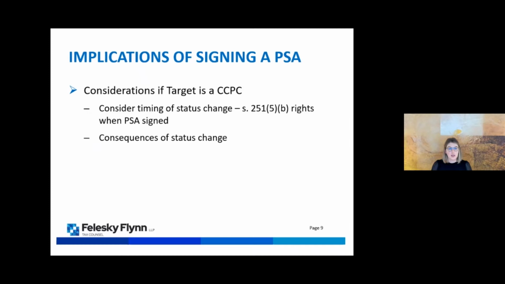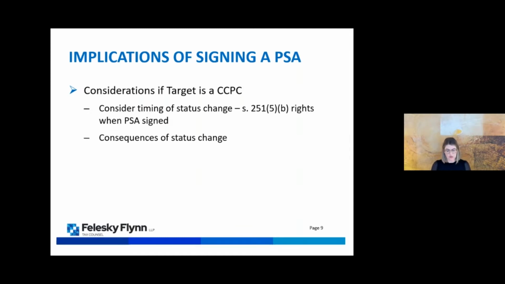So in our case, since the purchaser has a right to acquire all of the shares under the purchase and sale agreement, the moment that the PSA is signed, we need to look at those rights as having been exercised and the target ceases to be a CCPC. And it's important to note that those 251(5)(b) rights don't affect the capital gains exemption under 110.6.